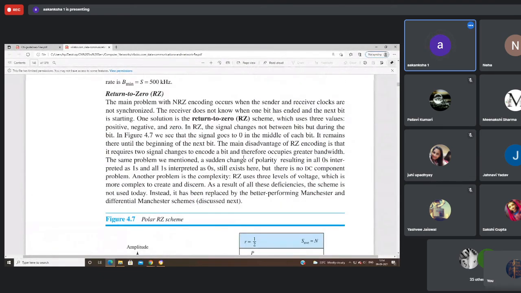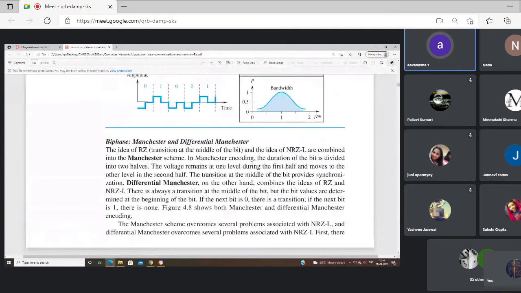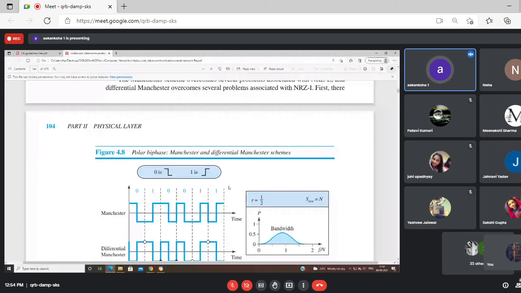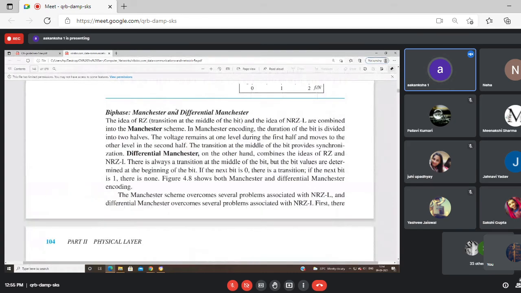NRZ and NRZL have so many problems because more power was concentrated towards nearly zero frequencies, and less power was towards the higher frequency components, and it has a continuous DC component also. These were all problems with NRZL and NRZI. All these problems will be resolved in differential Manchester and Manchester encoding.